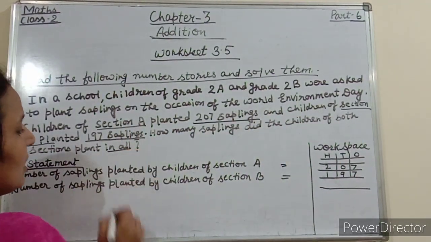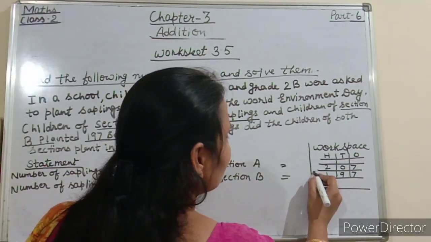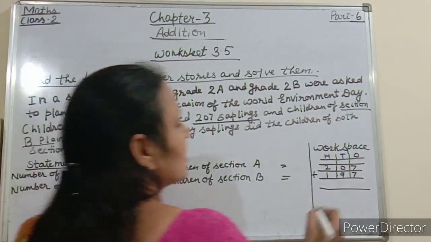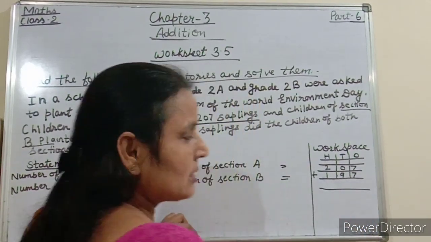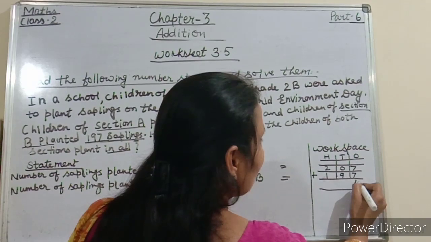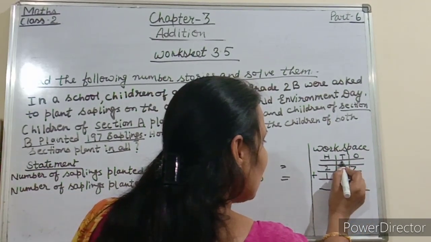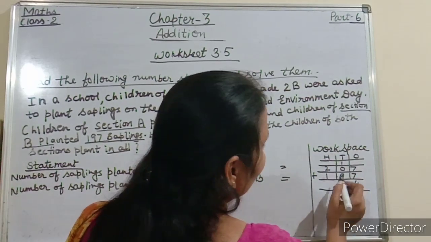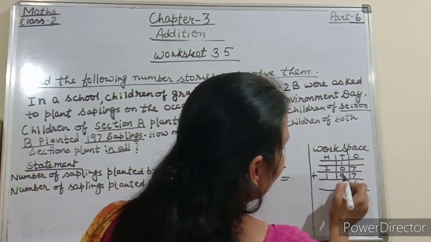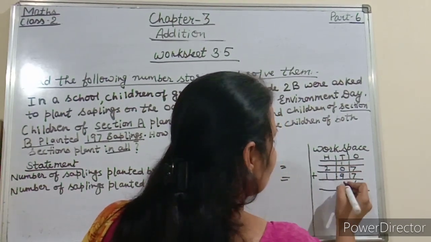So in all is here. Yes, we have to add. So add these numbers. 7 plus 7, students. Yes, very good, 14. So we will write 4 under the ones column and carry 1 to the tens column. Now add 0 plus 9, 9, and 1 makes 10.